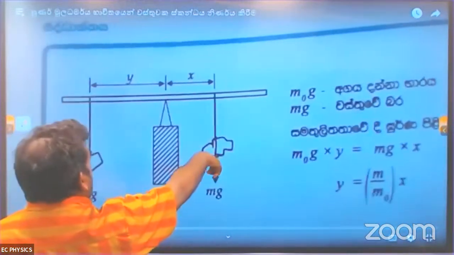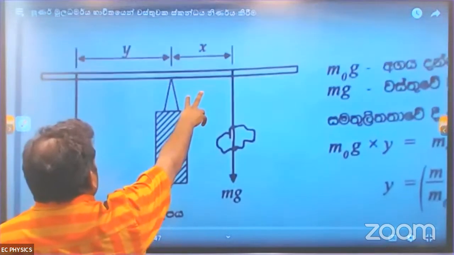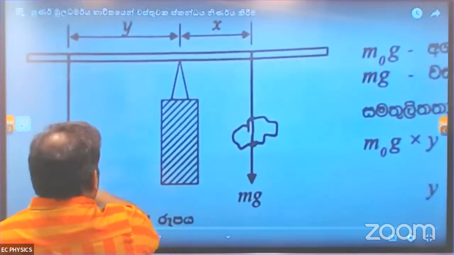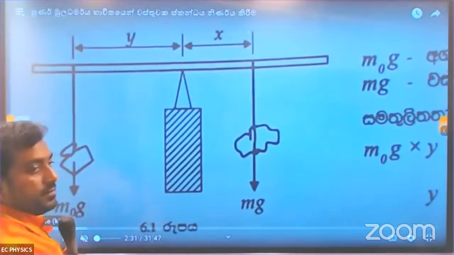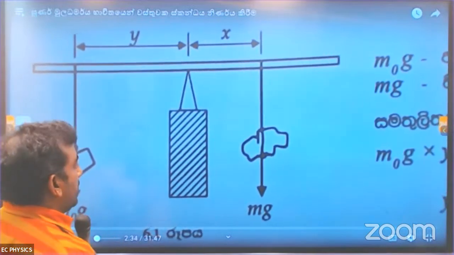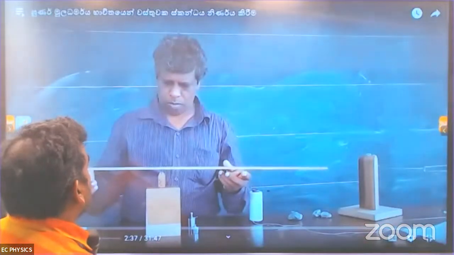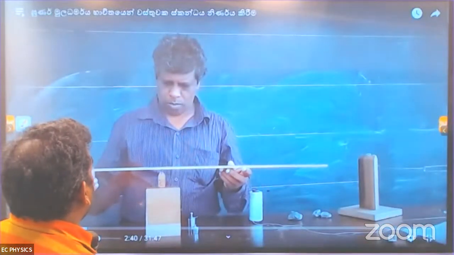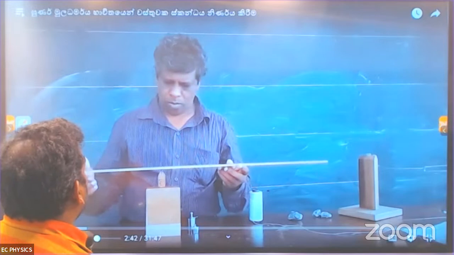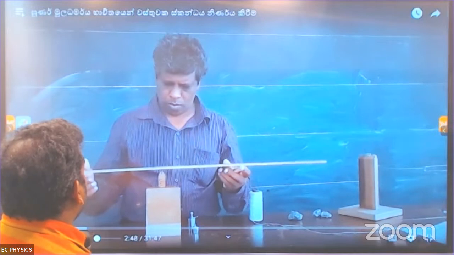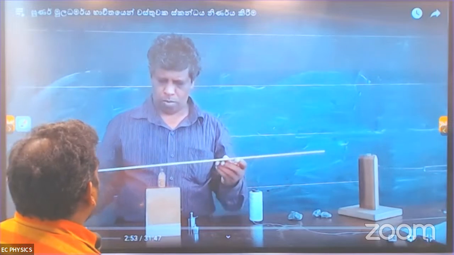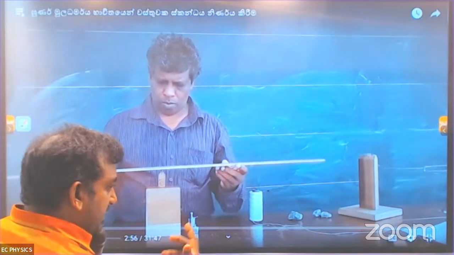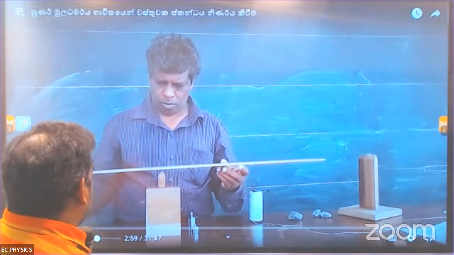You change the unknown weight. We named it differently, that's okay. Change the unknown weight, and to balance it, we change the known weight. It's a time consuming process.